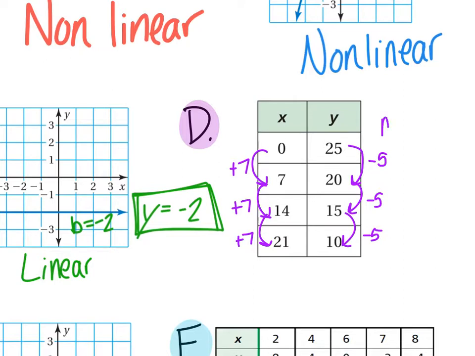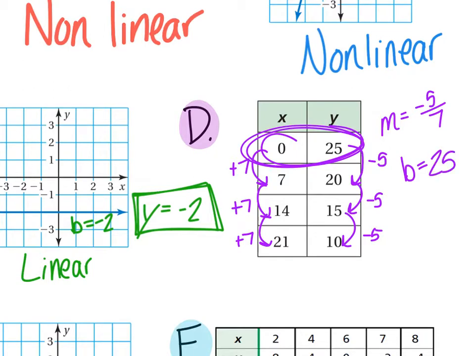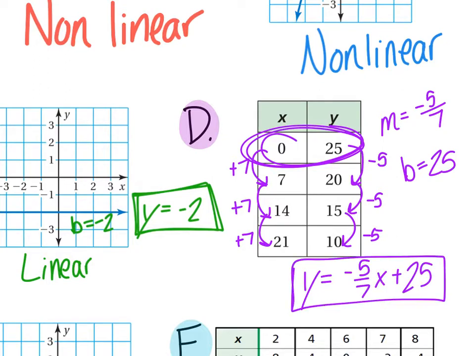Not only is it linear, but our slope is -5/7, rise -5, run 7. And our y-intercept, they give you this value right here when x is 0, is 25. So our equation is y equals -5/7 x plus 25. Now, it didn't say you had to write the equation, but we might as well. It's pretty simple at that point.